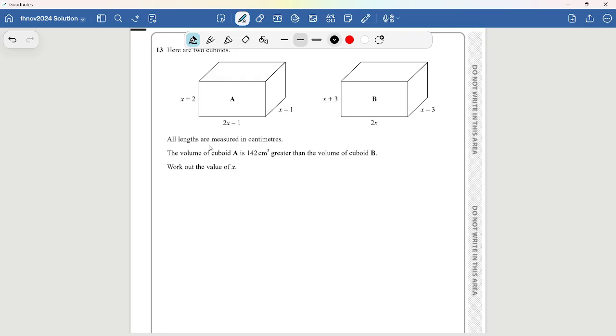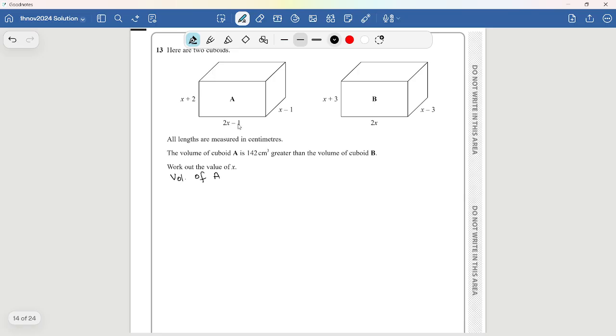So we can start from cuboid A. So volume of cuboid A as an equation. As an expression on the left side, I will begin. How do you get the volume of a cuboid? Well, you just have to multiply each dimension. So the length here can be taken as this side.